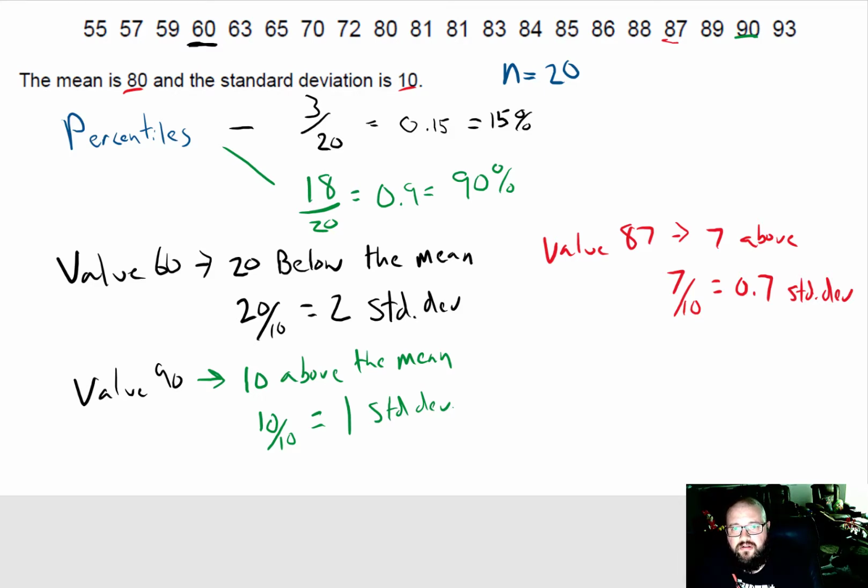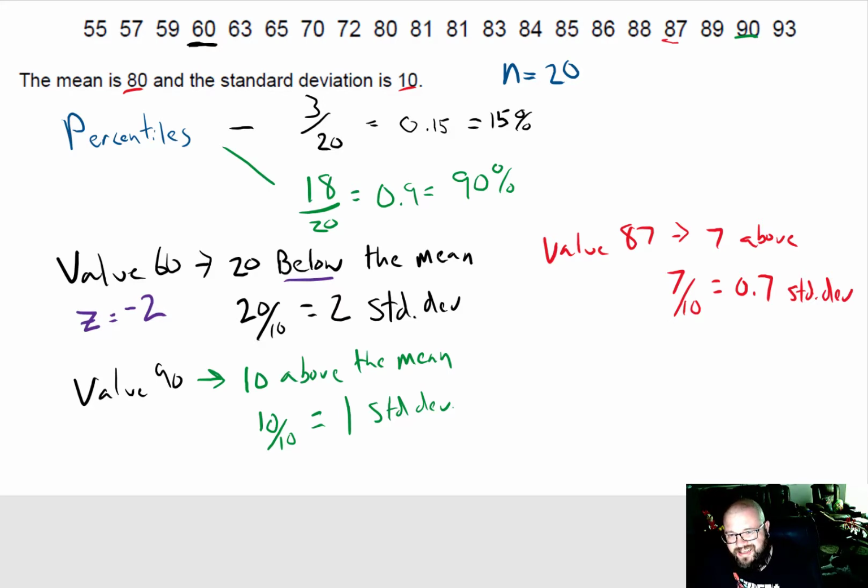So the value of 60 would be a z-score of 2, but we said it was below, so therefore it is negative 2 standard deviations away, right? So it's a z-score of negative 2.